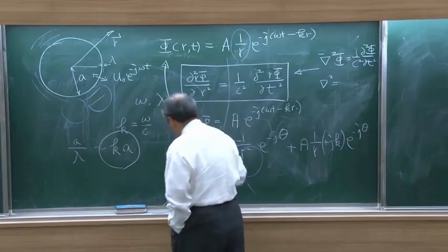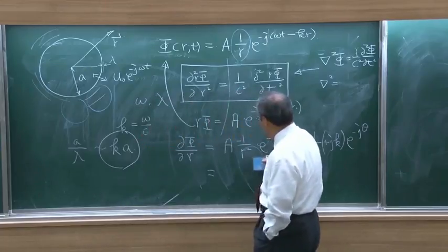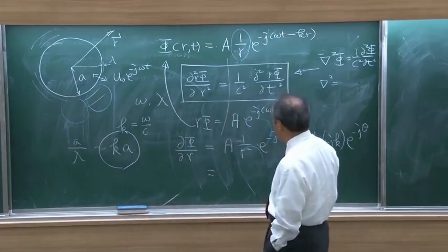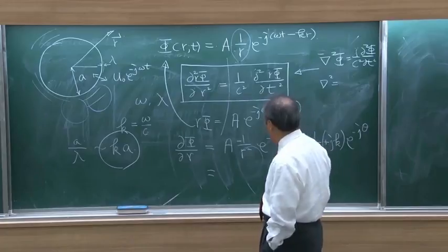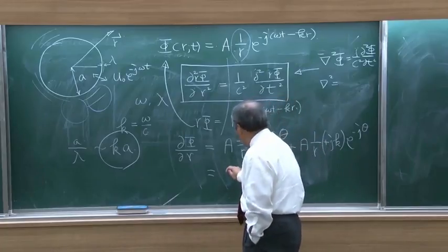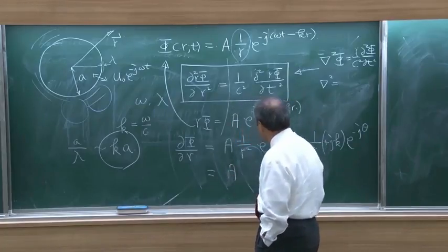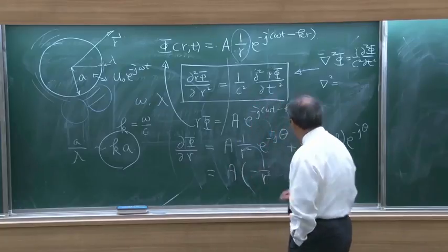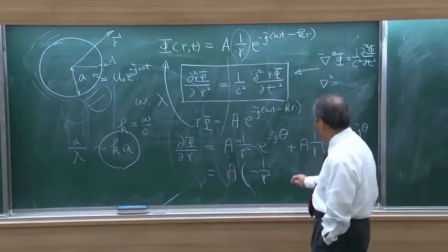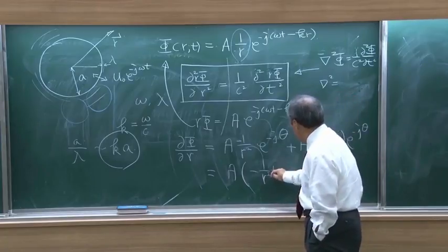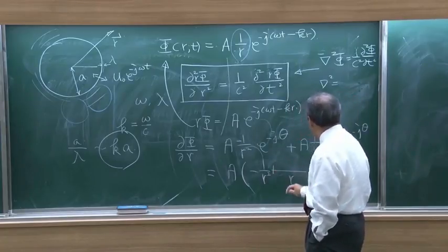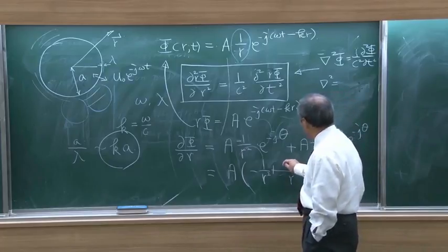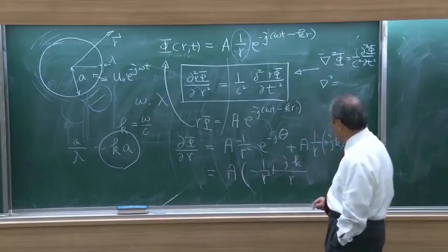So let's rearrange this expression in a rather compact form, and I can say this is A, and I have minus 1 over r squared over here, plus jk over r.